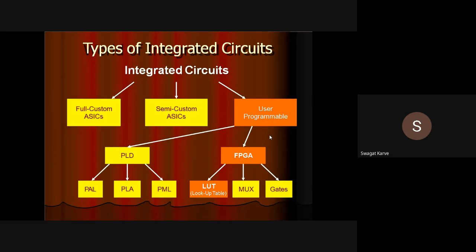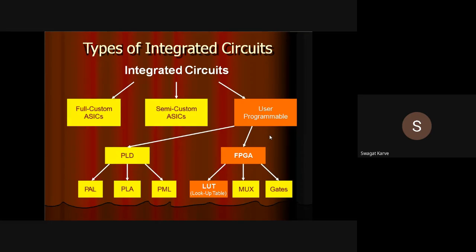In PLD, you have PAL, PLA, ROM, PML, and in case of FPGA, you have MUX, gates, and lookup tables, LUT. So these are the basic categories of integrated circuits that are used in VLSI technology.